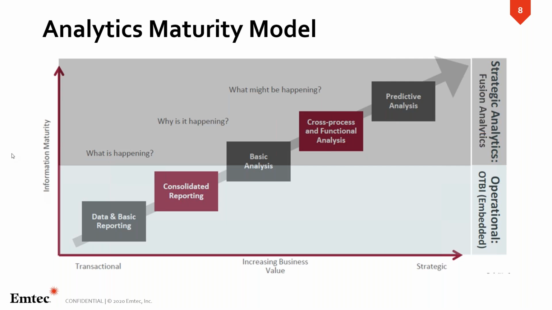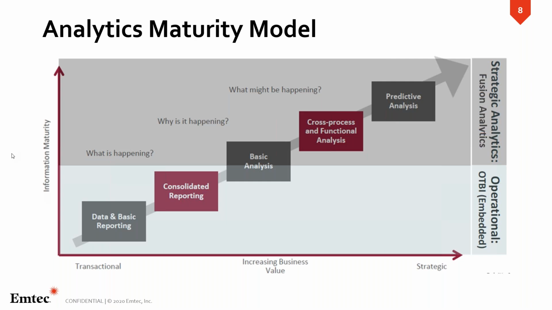What ends up happening is, as you map this out, you build what we call a maturity model, or an analytics maturity model specifically for an organization. This is represented here with the x-axis being an increase in business value from transactional to strategic, and the y-axis being an increase in information maturity.